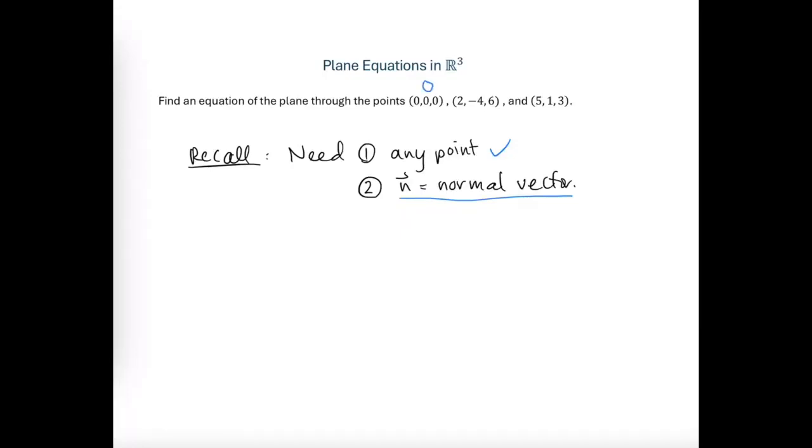So again, let's find those two vectors algebraically. Let's call this one O for origin, and this would be point P and point Q. And we're looking for the vector from O to P, which is going to be, we'll do pointy bracket notation, the terminal point of P minus the initial point from O, so that's going to be 2 minus 0, negative 4 minus 0, and 6 minus 0, and all of that comes together nicely to just match the terminal point, the point at which our vector ends.